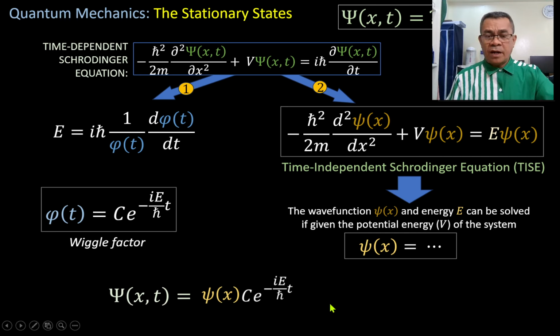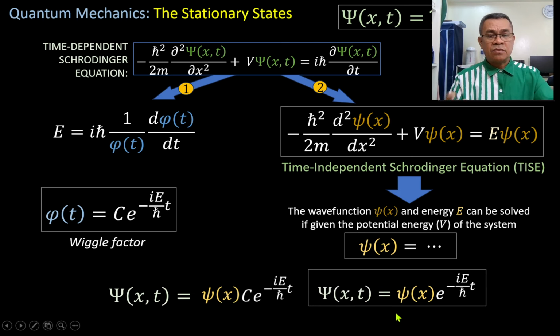Okay? But remember that C, the constant of integration, can be absorbed by the wave function. So meaning, we can absorb that. To make it simple, the big psi is just equal to psi x times the wiggle factor. And remember, this energy depends on the system and also on the psi x.